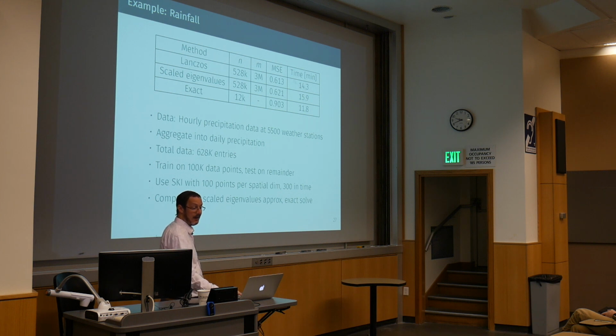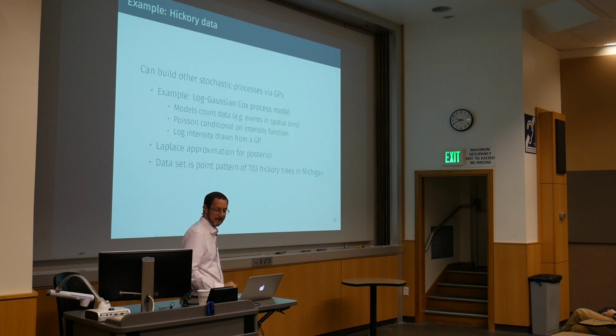The mean squared error is actually rather better for us. For the exact, we only went up to, I guess, 12,000 data points because that was as much as we were willing to deal with on the computers that we had. And you can see you solve for 500,000 data points in about 15 minutes on a laptop. So it runs pretty fast.